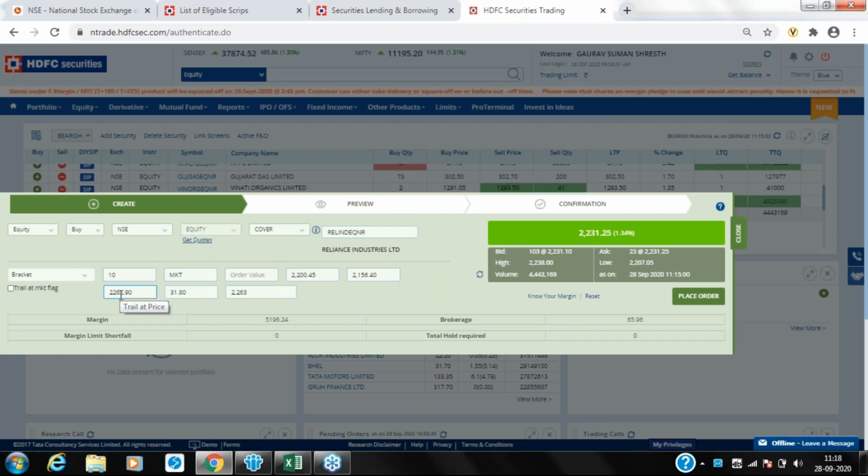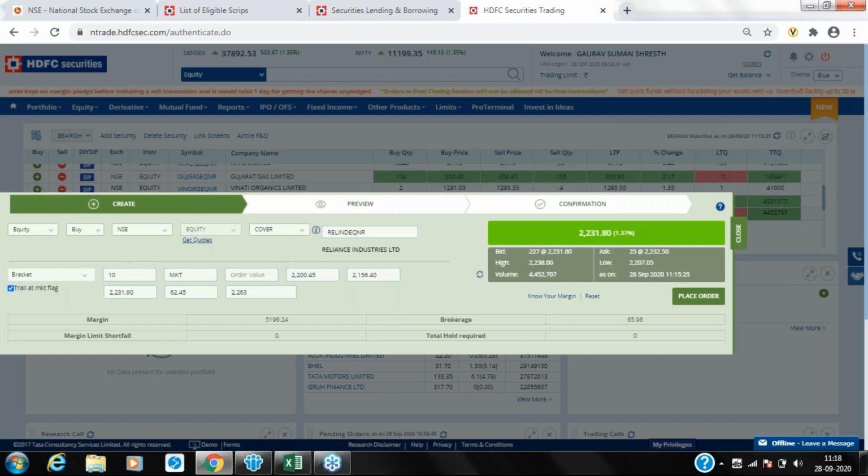And the fourth thing that you have to keep in mind is the trailing stop loss feature, which basically means whatever is the trailing price, the stop loss order will start to trail from that price onwards. If we have not ticked it, we can enter the price from which we want our stop loss to trail. Otherwise, by default, whatever is the market price when we are placing the order, that price will be the price from which the stop loss order will start to trail.